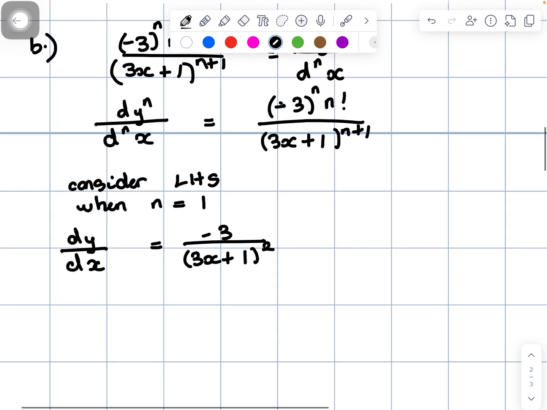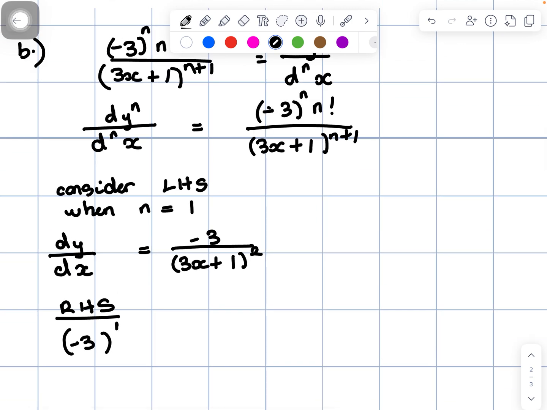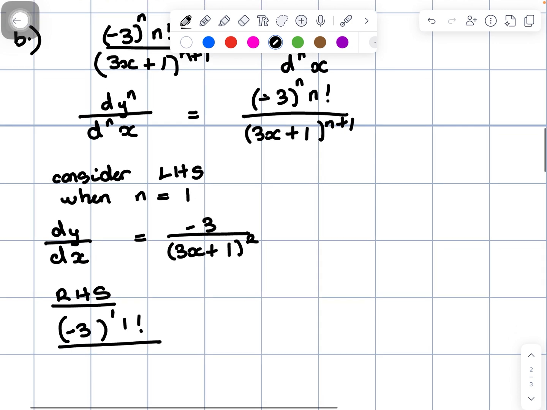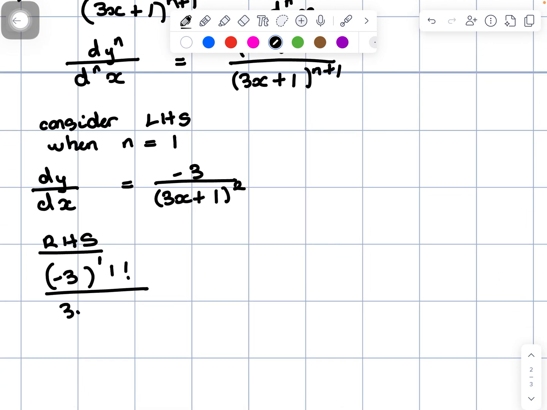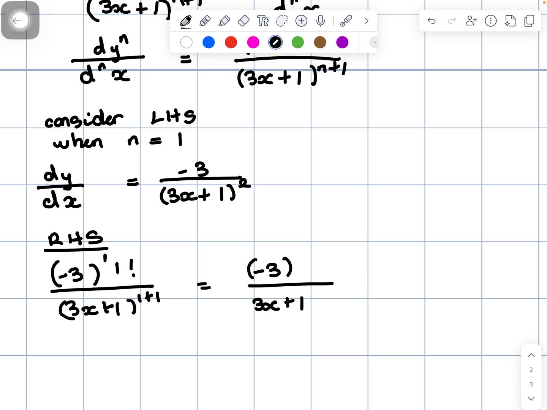Right, so next we consider the right hand side, again when n is 1. Wherever there is n, we replace it with 1. So minus 3 to the power 1 times 1 factorial over 3x plus 1 to the power 1 plus 1, which is the same as minus 3 over 3x plus 1 to the power 2.